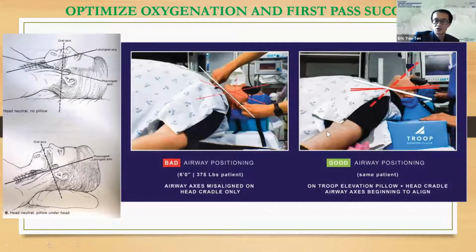And as shown in her guidelines, it is important to make sure that the patient is properly positioned. Here is a reminder, an old study, that using a ramp pillow, you can align the laryngeal and pharyngeal axes so that you can improve your view of the airway and make it easier to do a laryngoscopy and intubation, to increase your success.